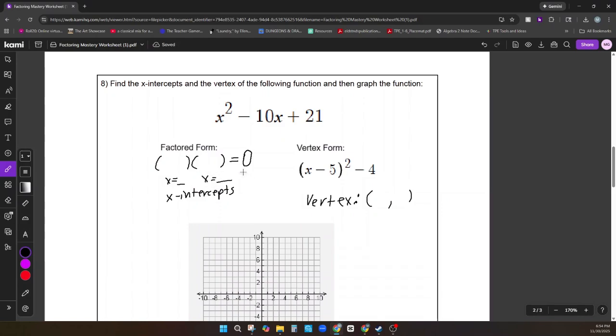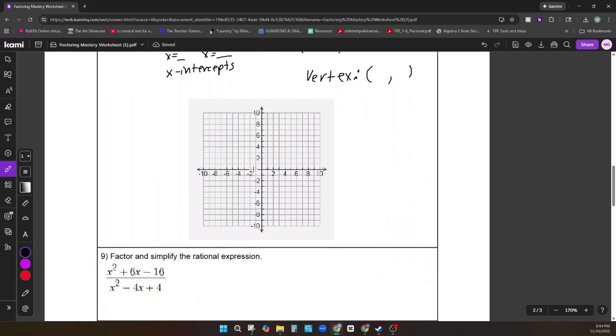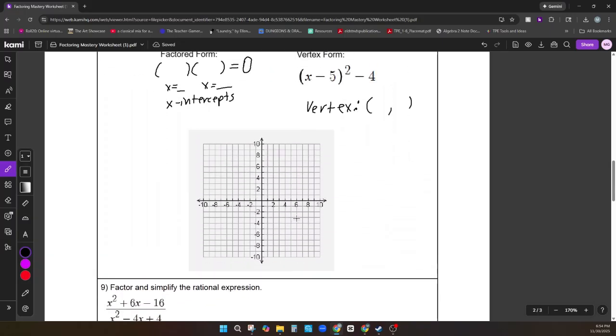You're going to use those intercepts as well as your vertex to go ahead and graph the function on your given graph here. Now, I just chose whatever random points, but I'm telling you that your final answer should have some graph as part of your final answer. You're not just giving me the x-intercepts and the vertex, you're actually graphing those out.